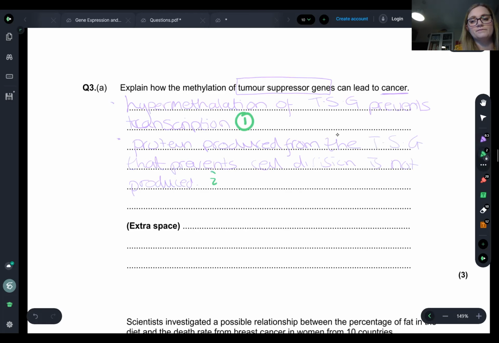Second mark. The hypermethylation of tumor suppressor genes prevents transcription. The protein produced from a tumor suppressor gene that prevents cell division is not produced.